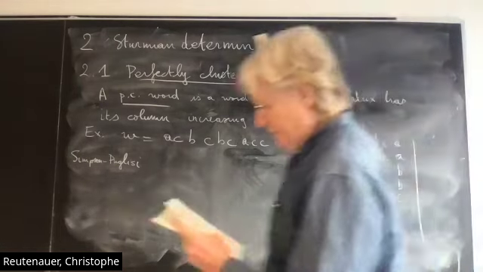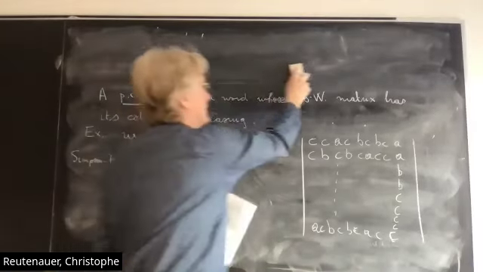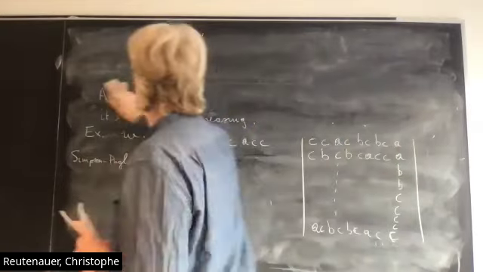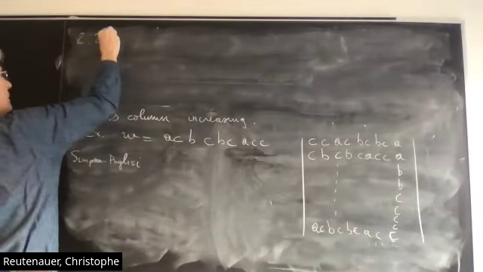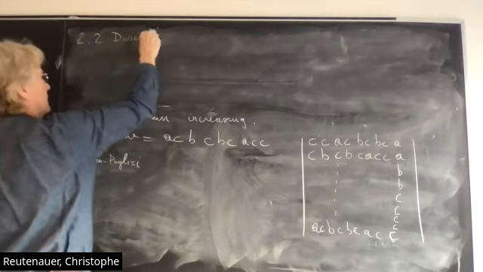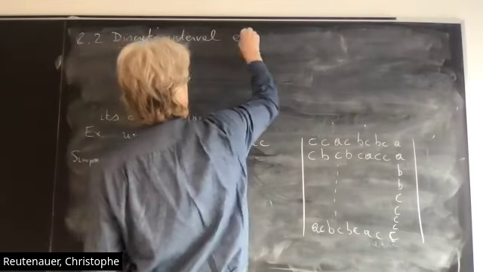The second notion I need is called discrete interval exchanges.